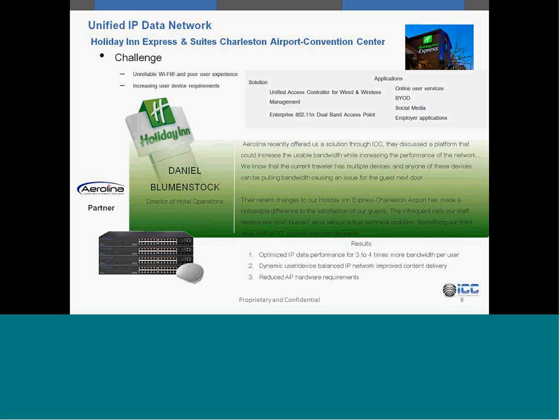And then in some environments, a reduced AP use, because basically you don't have to deploy a ton of access points just to gain coverage, because there is a balance across the physical layer network as well.